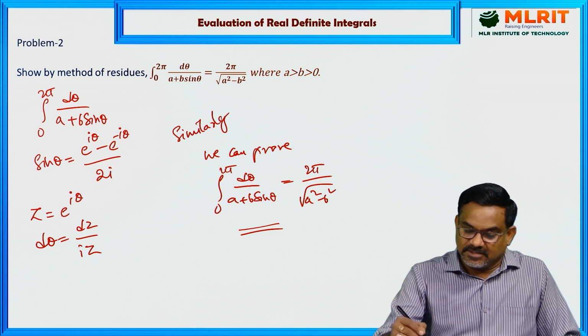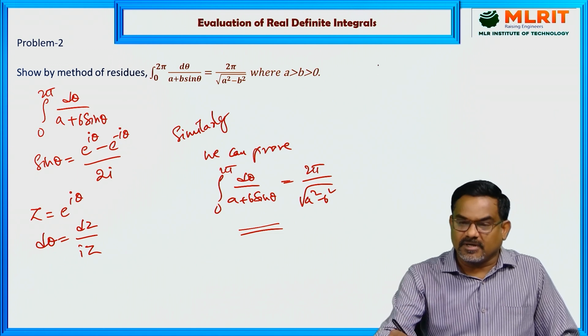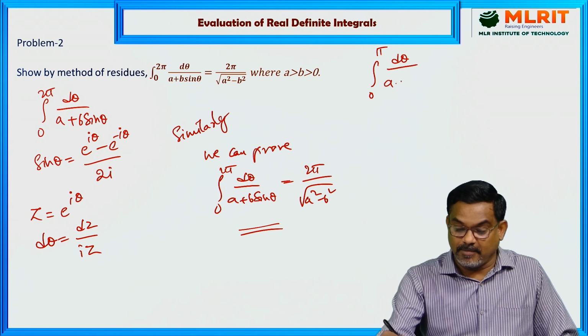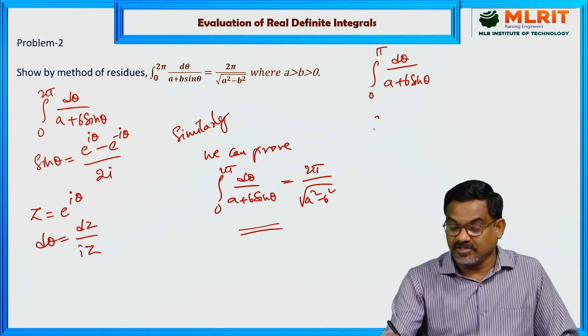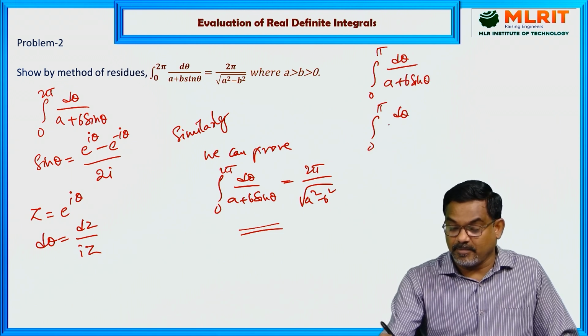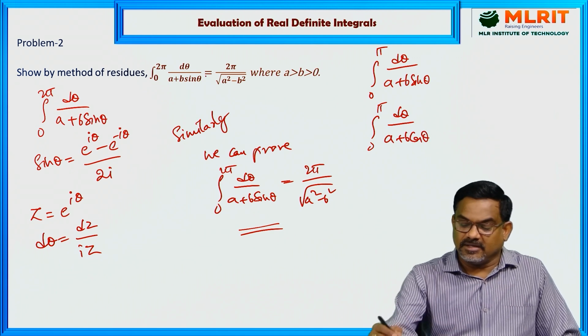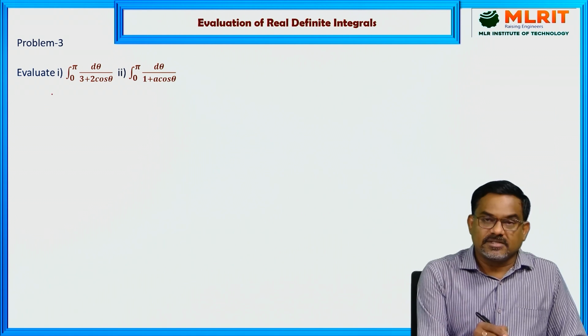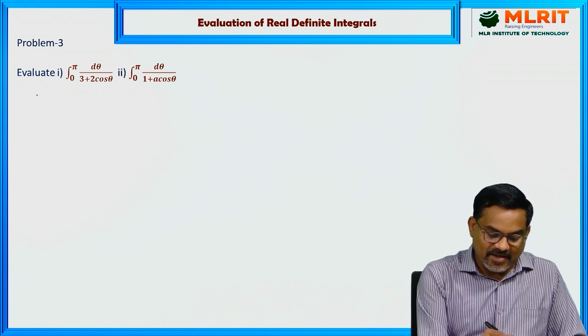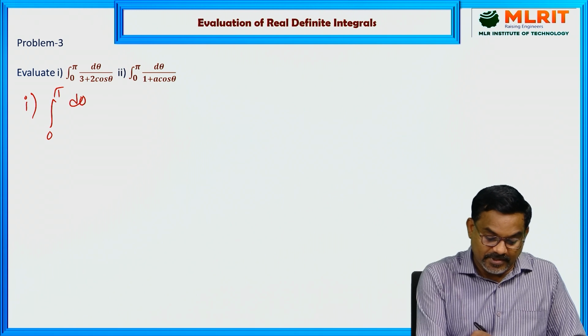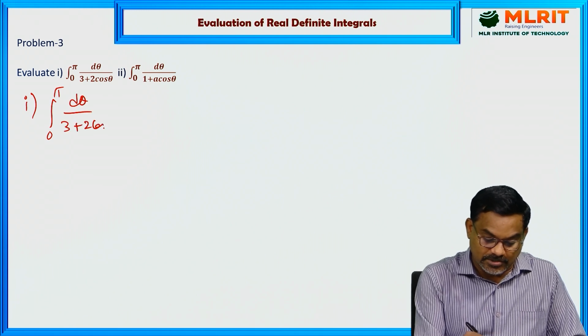And here sometimes the problem may be asked in the form of 0 to pi d theta by a plus b sin theta, or 0 to pi d theta by a plus b cos theta. Let us solve these two. Evaluate the line integrals. The first one, integral 0 to pi d theta by 3 plus 2 cos theta.